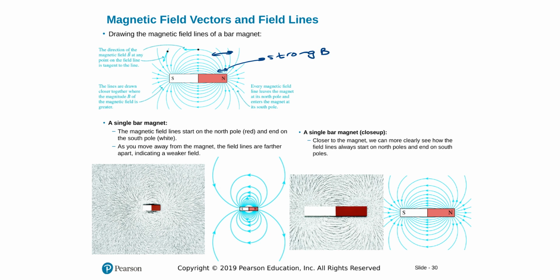When they're farther away, we have a weaker B. Just like the electric field, at any point we can draw a tangent line to find the direction of the magnetic field at that point. Here is one. I can draw another one. It should be a tangent line to my B at that point, and so on and so forth.